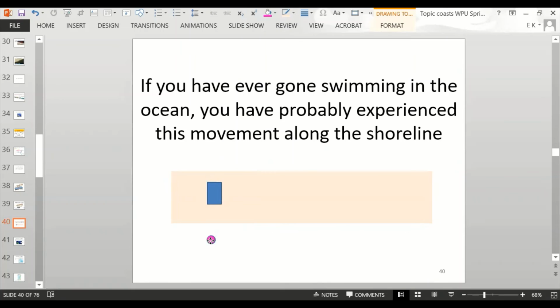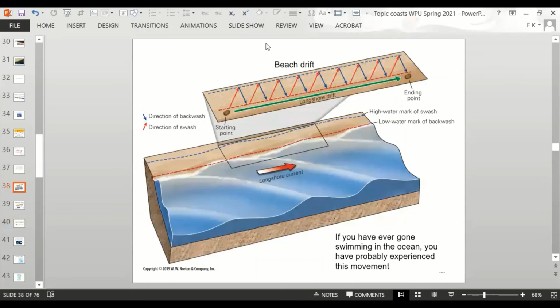So I go in the water. I'm swimming, playing in the water, boogie boarding, whatever. I'm in the water for like an hour. I don't realize it, but I am being moved along the beach with these movements here, the beach drift and the longshore current.